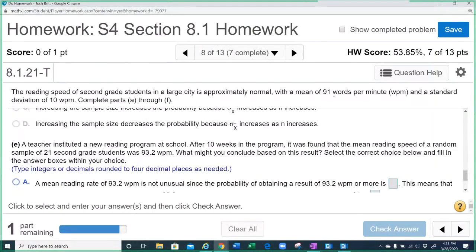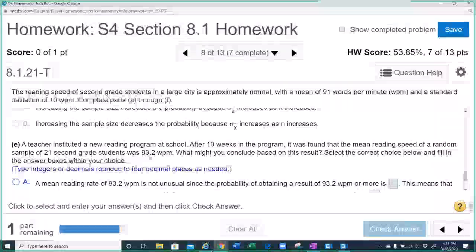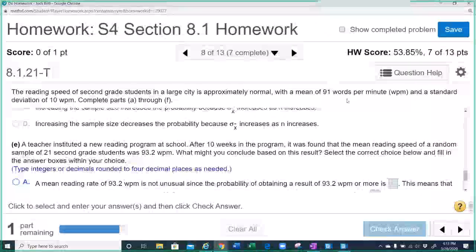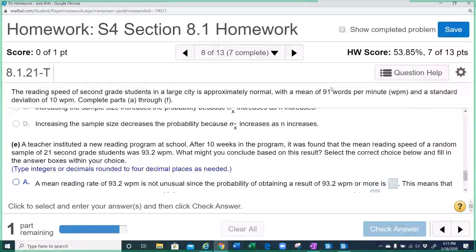If that probability is high, then the true mean is still about 91. If this probability we're about to find is low, then that's evidence that the newly instituted reading program probably had a big effect.